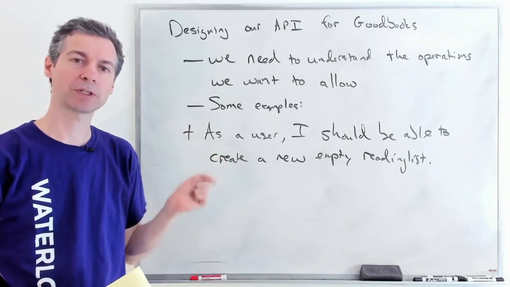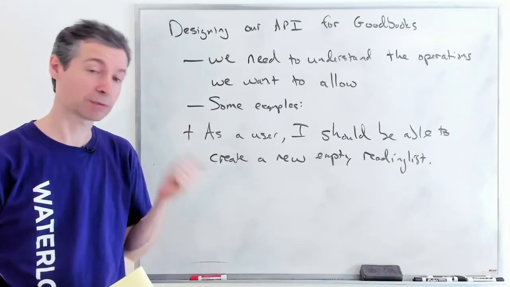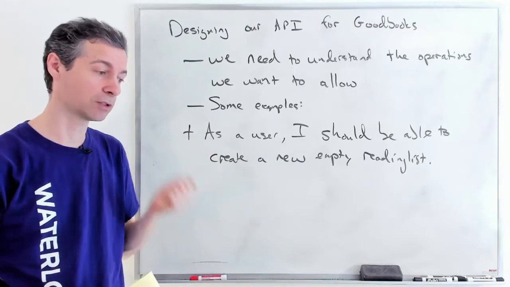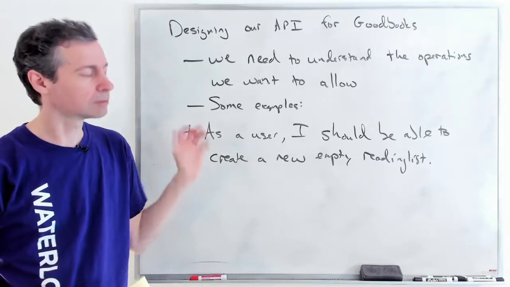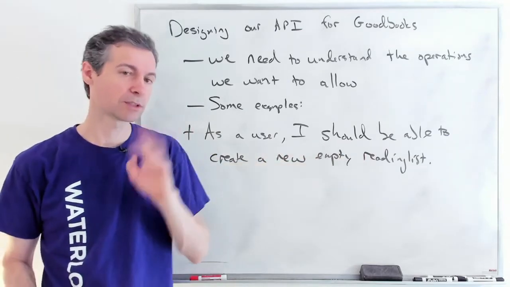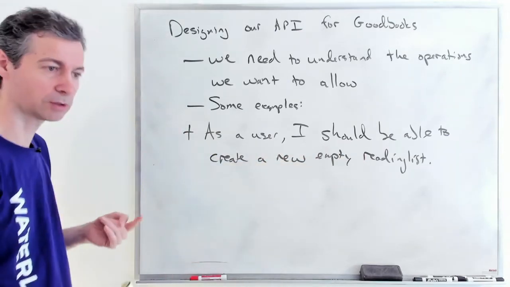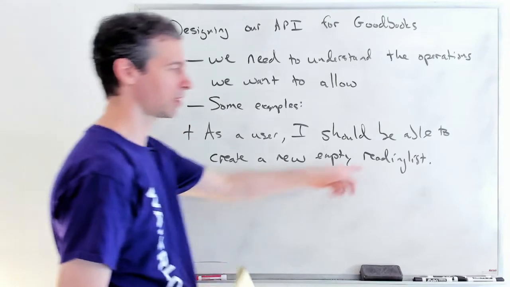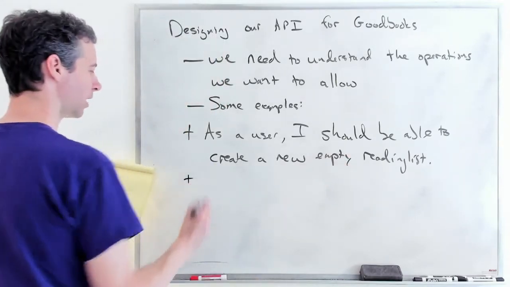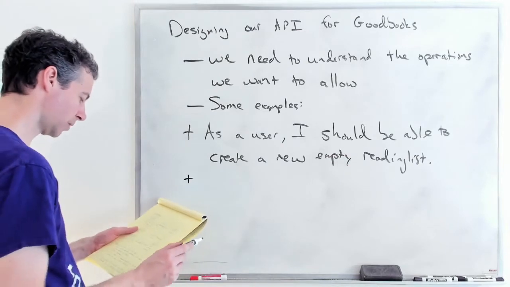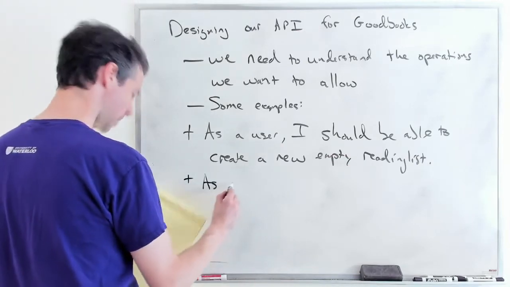I bet I'm going to be having a post because I'm going to be making it. Okay, so I know it's a post, and yeah, there's a good chance it's going to be a resource. And I'm going to have a collection of reading lists, and I'm going to allow them to post to create a new one. But I'm getting ahead of myself here.